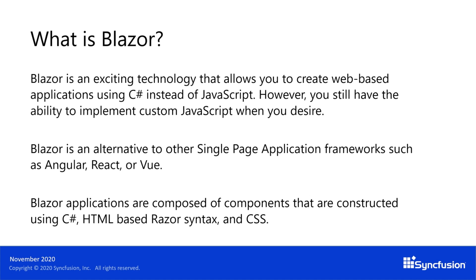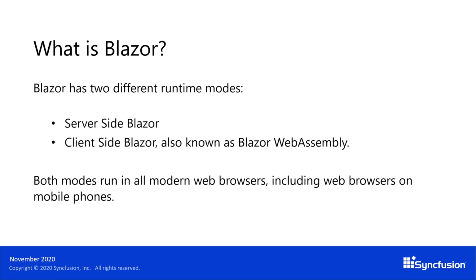First, what is Blazor? Blazor is basically a Microsoft technology that creates single-page applications, much like Angular, React, and Vue. Now, Blazor comes in two different modes, server-side Blazor and client-side Blazor, which is also known as Blazor WebAssembly.